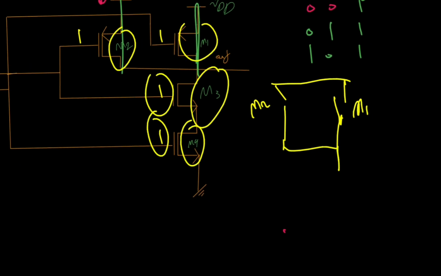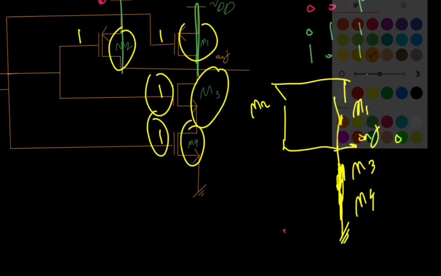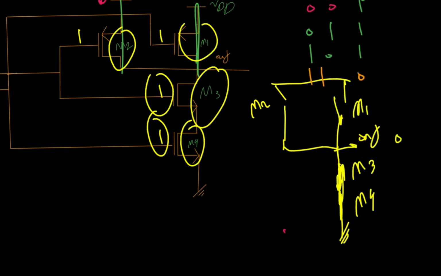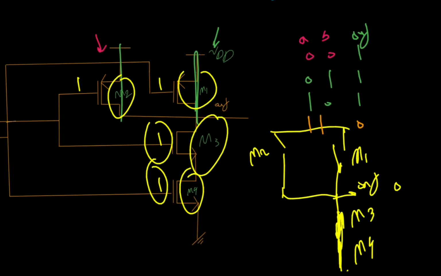So they are connected. I could show this like this, that this would be M3 and this would be M4. The out wire is connected directly to the ground. So we would have 0 since it is directly connected to the ground. So when we have both ones, we would have 0 on the output.